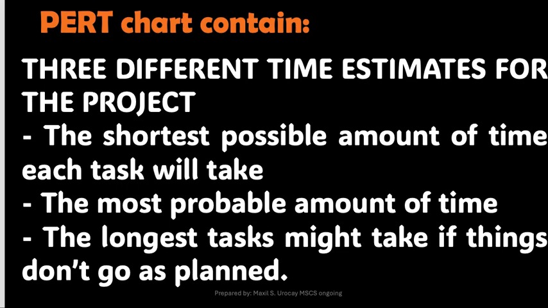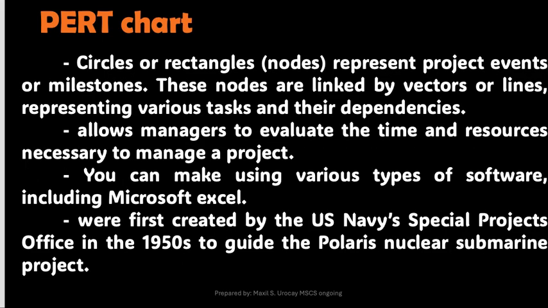The PERT chart contains three different time estimates for the project: the shortest possible amount of time each task will take, the most probable amount of time, and the longest a task might take if things don't go as planned. In a PERT chart, circles or rectangles, known as nodes, represent project events or milestones.